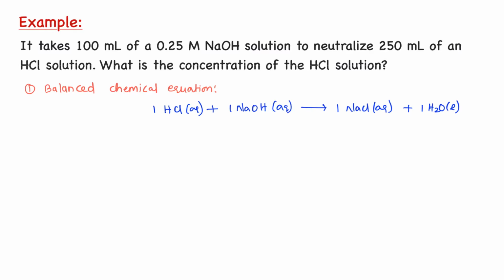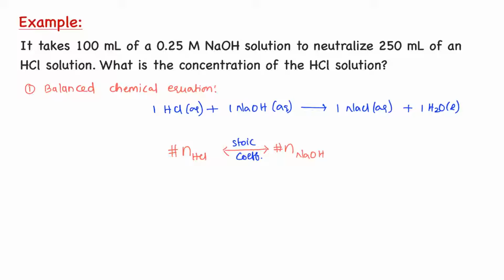In the problem, some information about sodium hydroxide is given and the information about hydrochloric acid is being asked. We can interconvert between the number of moles of sodium hydroxide and number of moles of hydrochloric acid using the stoichiometric coefficients as conversion factors.